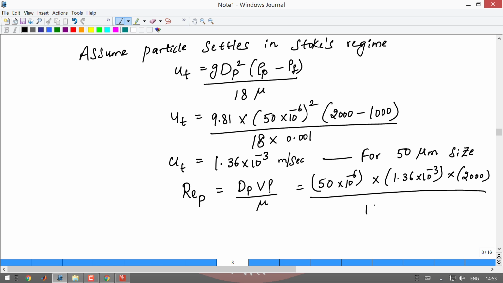Sorry, this is the density of the fluid, so it is 1000 kg per meter cube. Viscosity is 10 power minus 3, and we get the Reynolds number as 0.068, which is less than 2. So, our assumption of Stokes regime is correct.